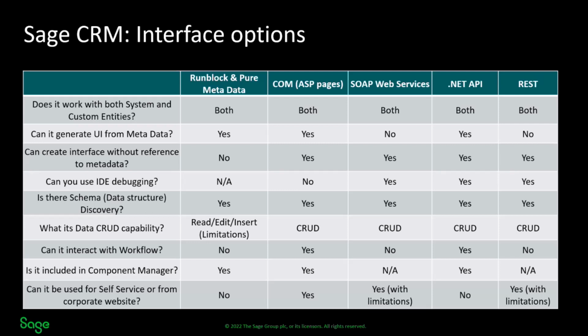Now, in terms of the web services, that's the SOAP web services and the RESTful web services. Again, they're very much alike in what they can do. They're not able to build an interface. They are really designed for systems where you're only doing the management of the data.